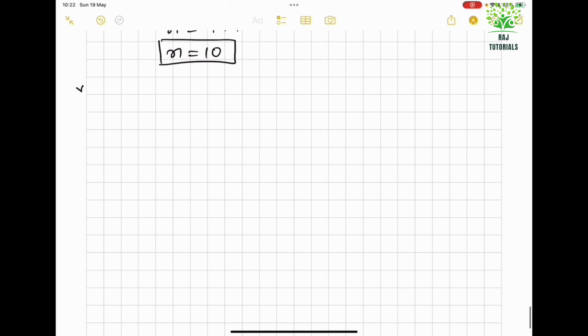Fifth one, it says A equal to 3.5, D equal to 0, N equal to 105, and AN equal to question mark.